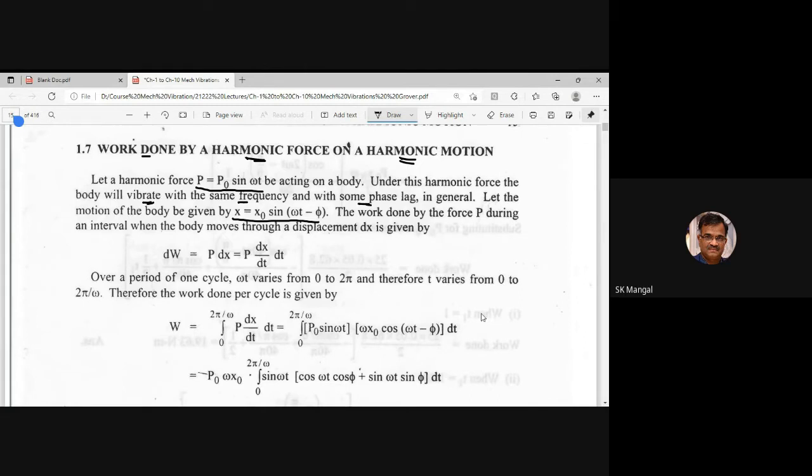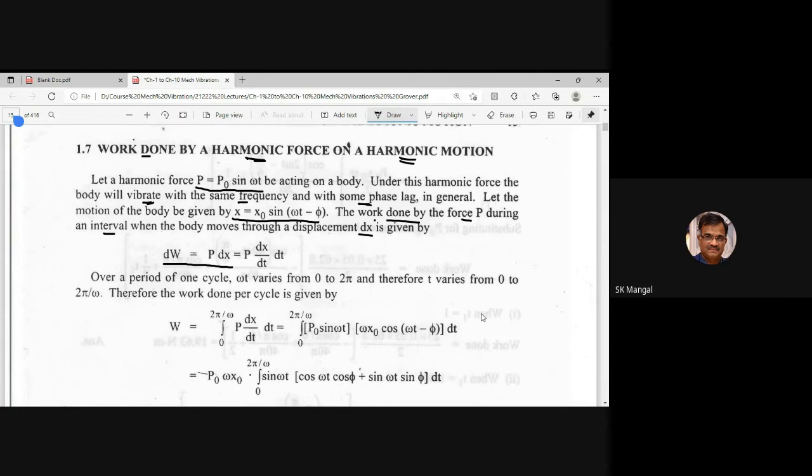So one can find the work done. One can find the work done by the force P during an interval when the body moves by a small displacement dx given by this. This is the elemental work done for an elemental displacement of dx.